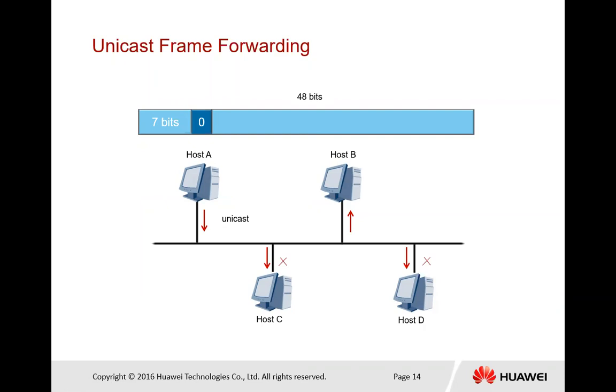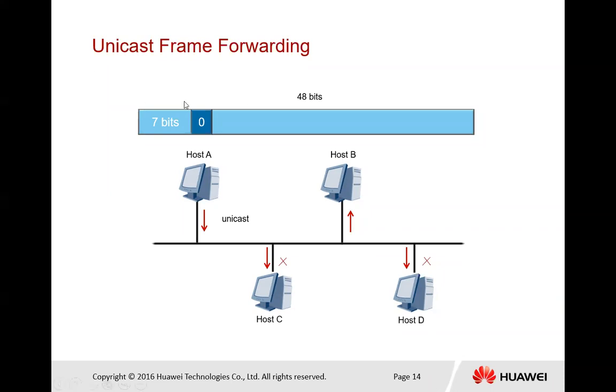So the biggest question arises here: how will it find out whether it is a unicast address, a multicast address, or a broadcast address? How will we find out? If the 8th bit, or we can say the first byte of the frame, if the 8th bit is 0, that means it's unicast.